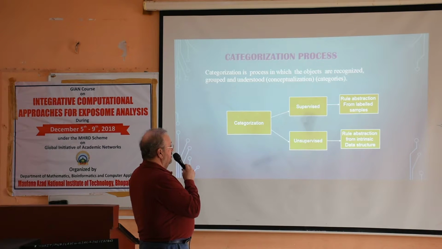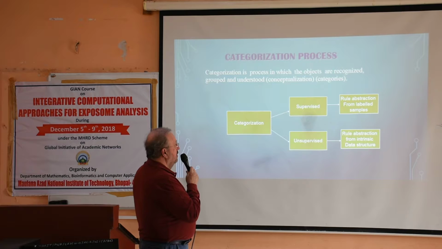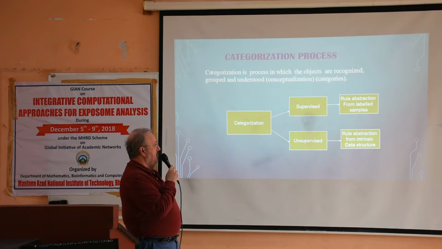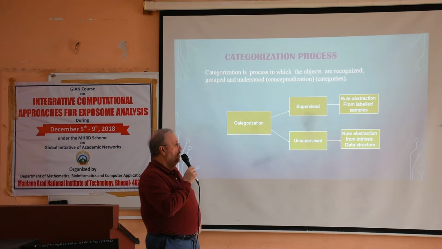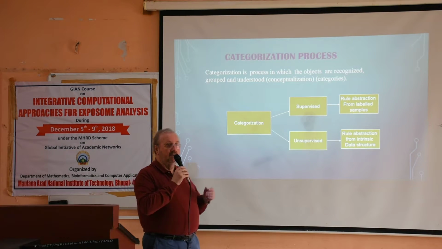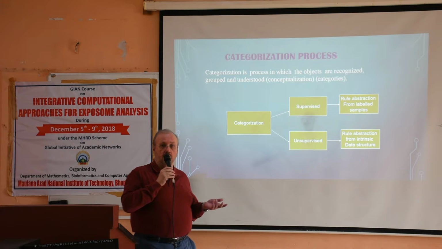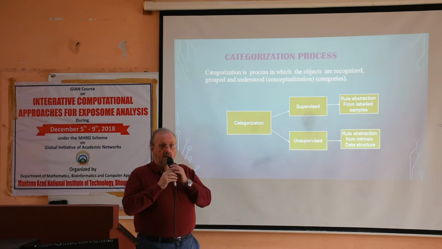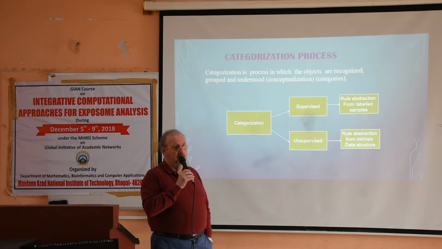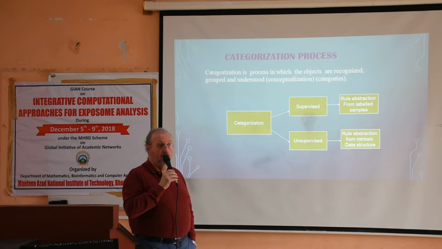The other is unsupervised. Rule abstraction is performed by analyzing the unlabeled data and finding the hidden relations inside the data. The first, the supervised, as you can imagine, is easier to use, easier to visualize, and easier to apply.